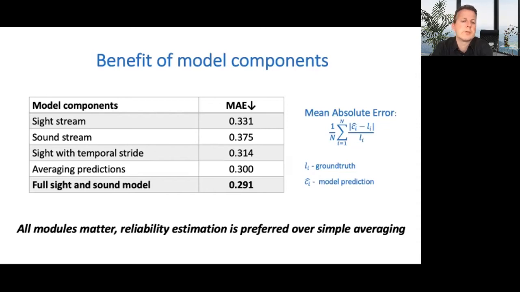So again, an improvement. But if we use our full sight and sound model, including this reliability module that predicts what module to trust more, so to say, we obtain our best result with a 0.29 mean absolute error. So the bottom line here is that all modules matter, and reliability estimation is preferred over simple averaging of the individual modalities.